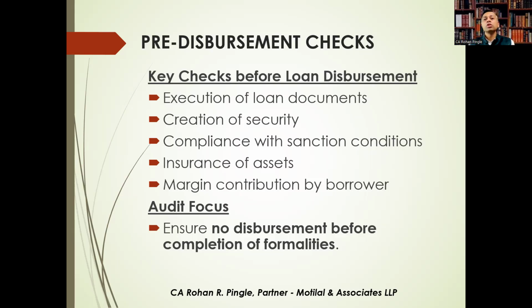Many times it happens. So as a concurrent auditor, we should verify the checklist and sanction compliance before funds are released. And if they are not, then we need to bring it to the branch manager first. And if he is part of that particular thing, we need to report it in our audit report. That should be taken care of.